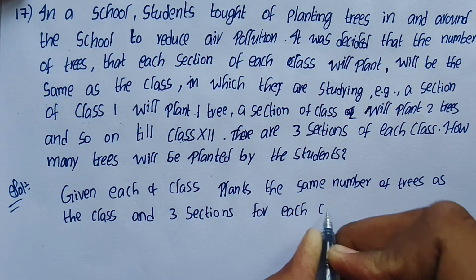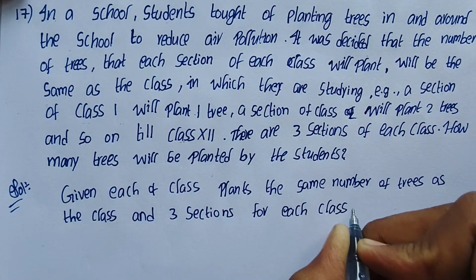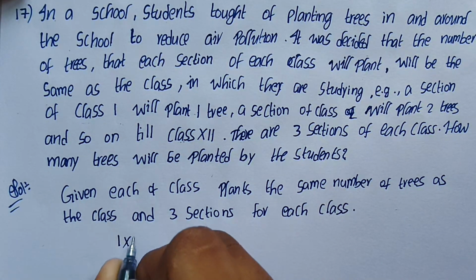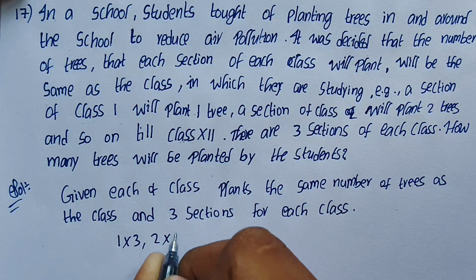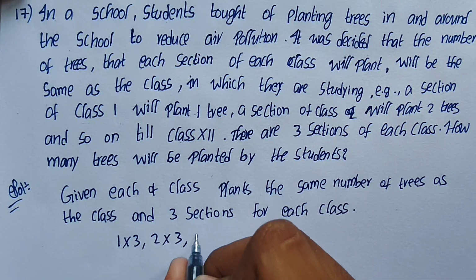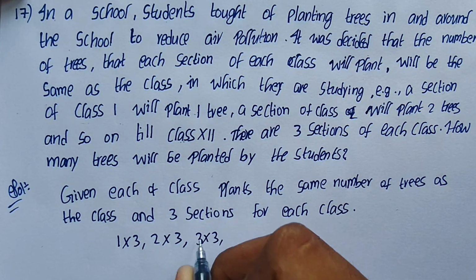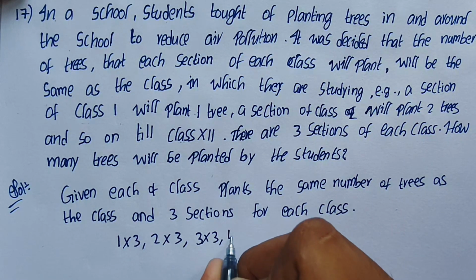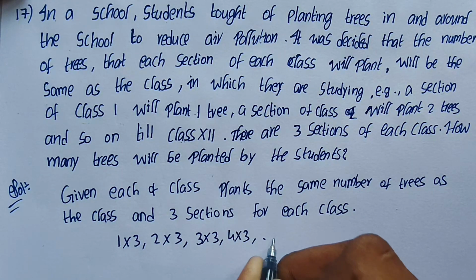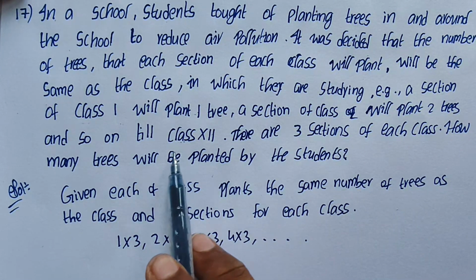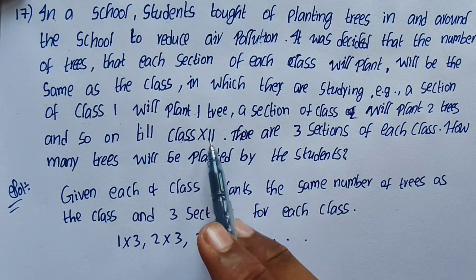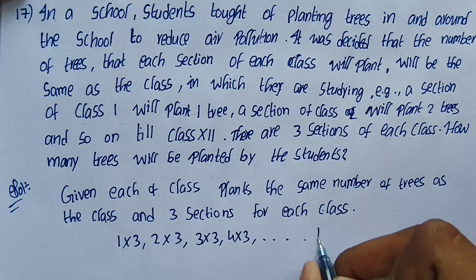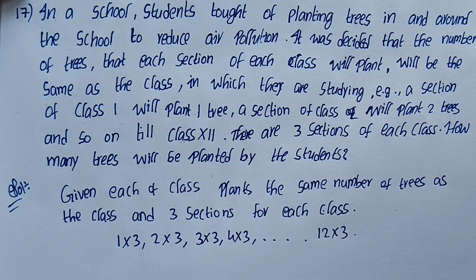Understand? So here class 1 means 1 into 3, second class means 2 into 3, third class means 3 into 3, and the fourth class will plant 4 trees, so 4 into 3, and so on. He said up to 12 classes, means 12 into 3.